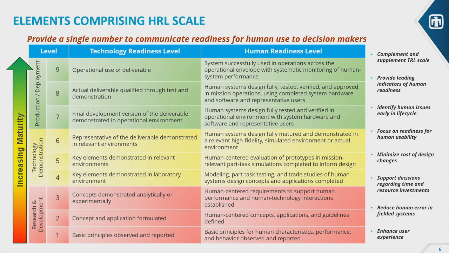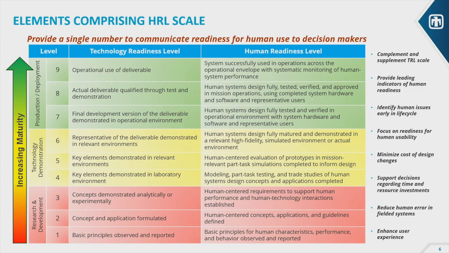The final phase is production and deployment: producing the final technology or system, deploying it into the field, and then collecting follow-up information on whether it is still working in the field the way we thought it would.